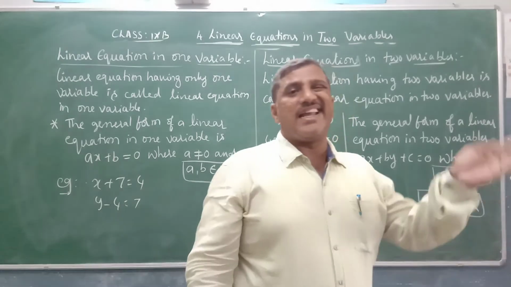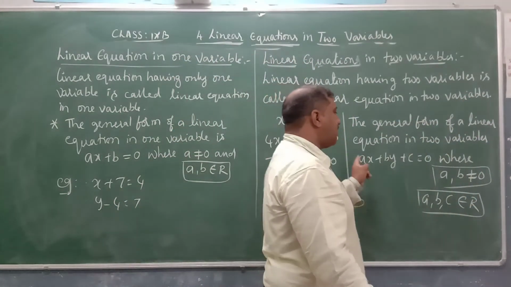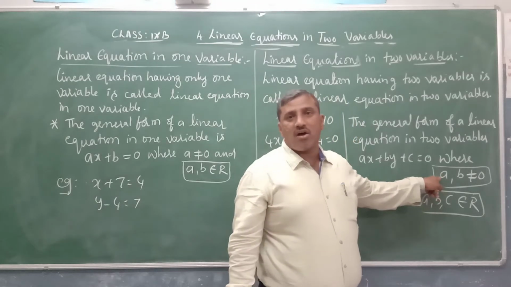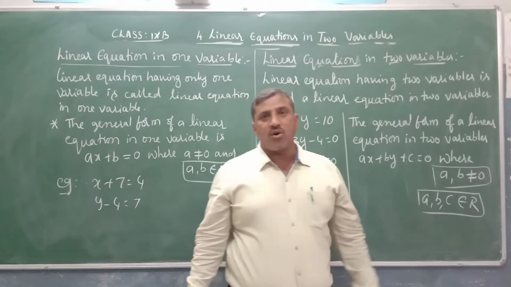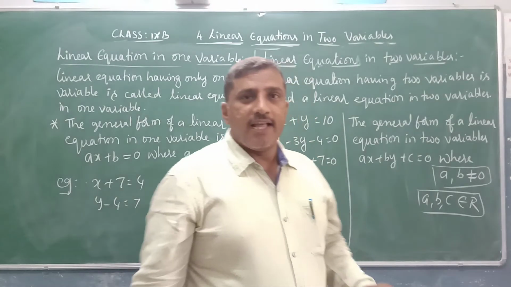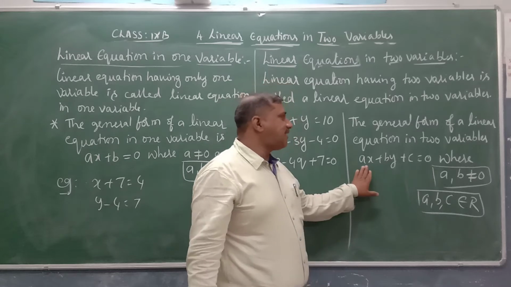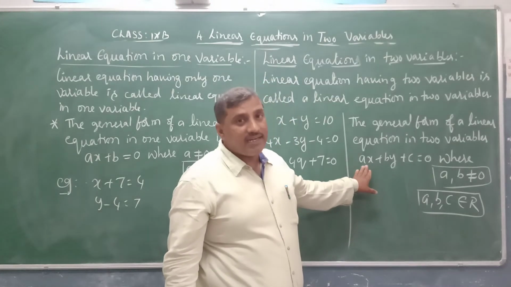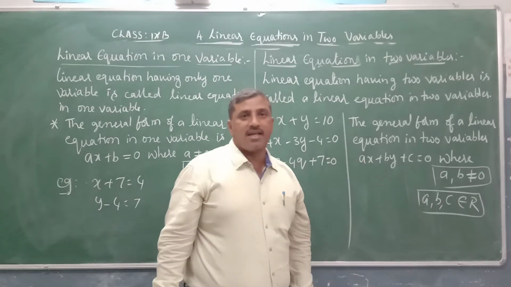It means it is reduced to a linear equation in one variable. That is the reason why a, b are not equal to 0 and a, b, c belong to real numbers. So a and b can take any real number other than 0. This is the general form or standard form of a linear equation in two variables.